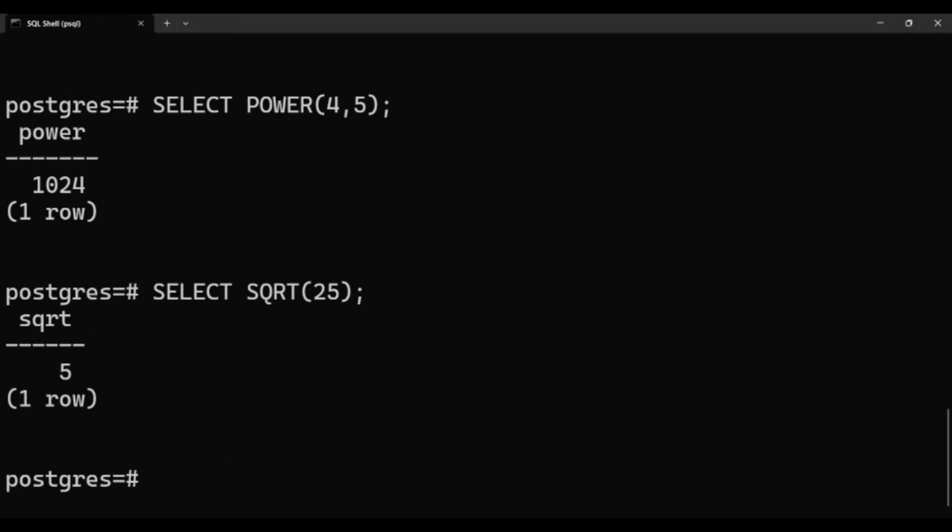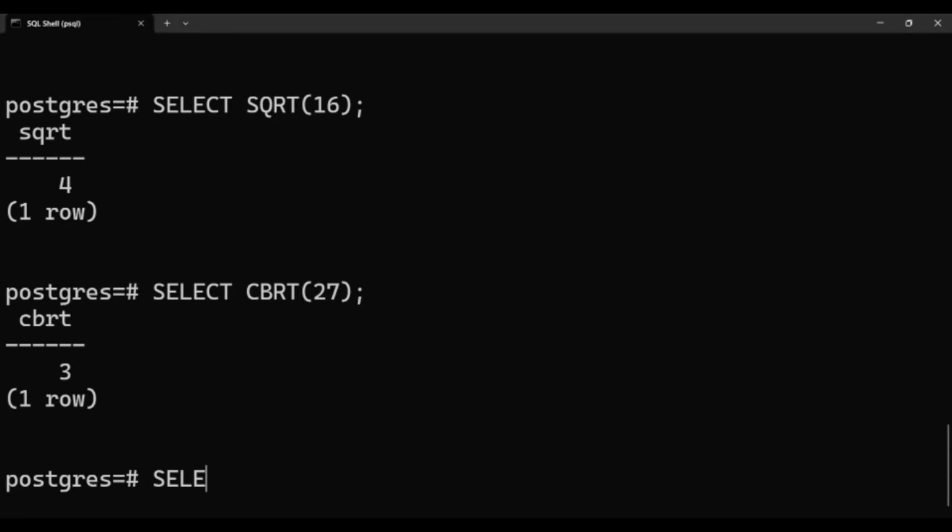And then next is square root. For the square root, select SQRT of 25. The square root of 25 is 5, right? So we got the output as 5. Next, the square root of 16 is 4, right? That's how we'll get the value 4 as the output. Next, the cube root is also the same.